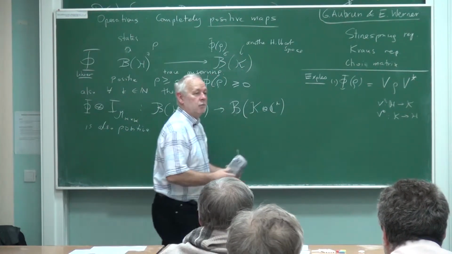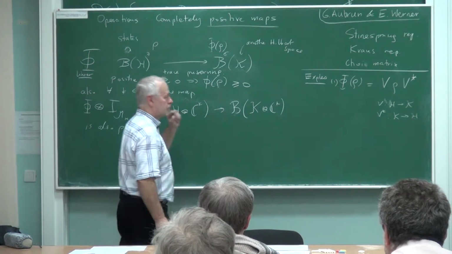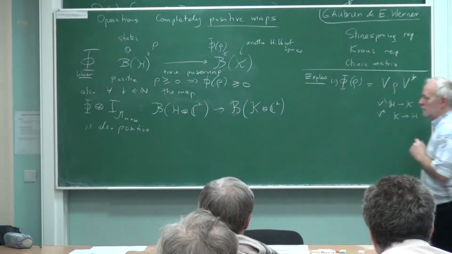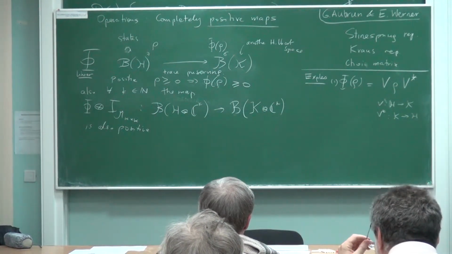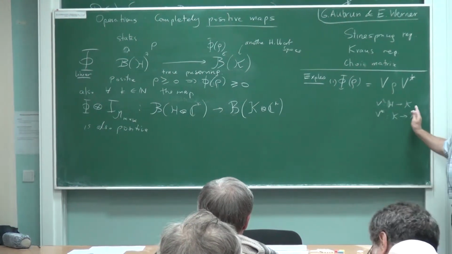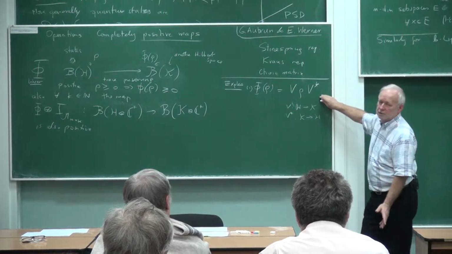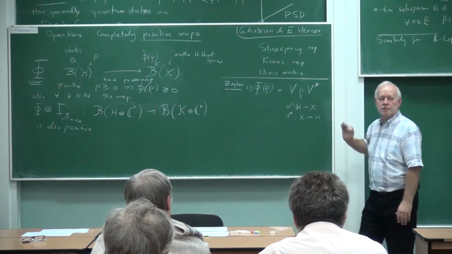Property. So now where does trace preserving fit into this picture here? It's another exercise that this is completely positive no matter what V is.